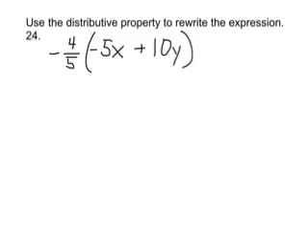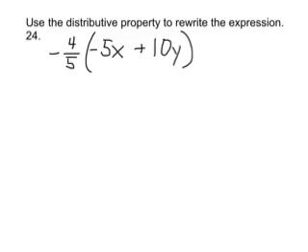Number 24. Use the distributive property to rewrite the expression. Now, there are about three or four different things going on here. We've got the distributive property, we've got fractions, and we've got unlike terms. So I think I need to go over each of these things just momentarily.